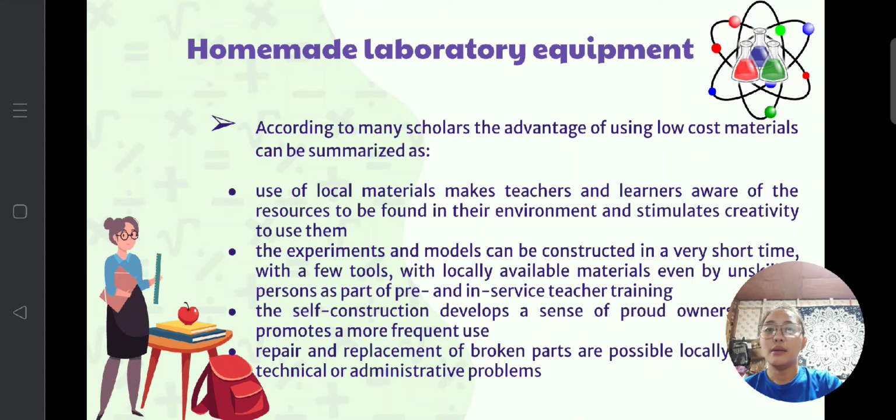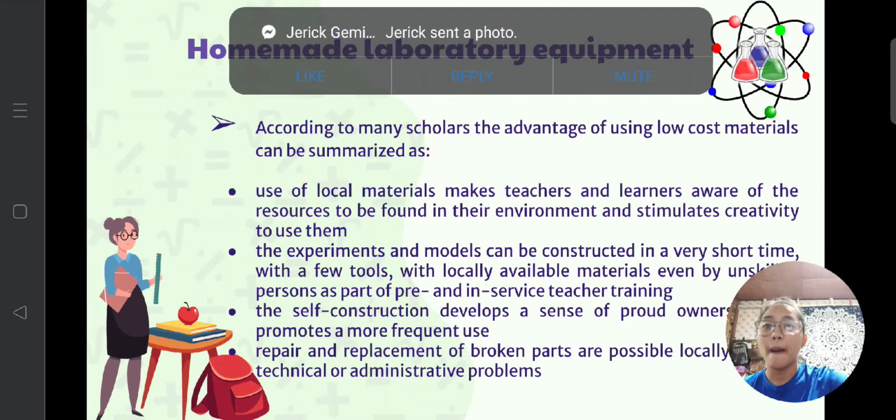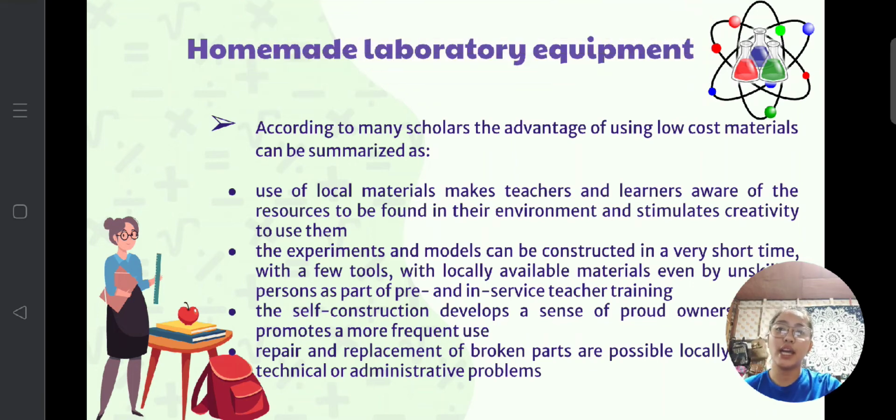So, according to many scholars, the advantage of using low-cost materials can be summarized as follows. The use of local materials makes teachers and learners aware of the resources to be found in their environment and stimulates creativity to use them.